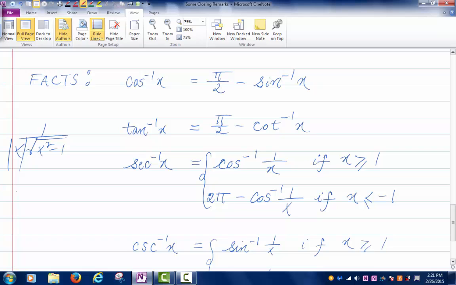So you made your derivative look better, but then your formula for writing secant inverse in terms of cosine inverse got worse. However, we are not really going to use these formulas. So we want to make the thing that we are going to use look better than the things that we usually don't use. Is that making sense?